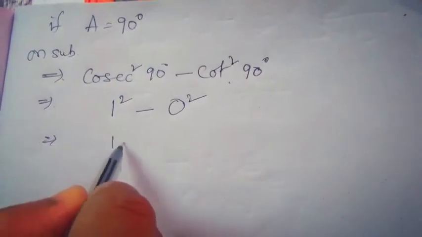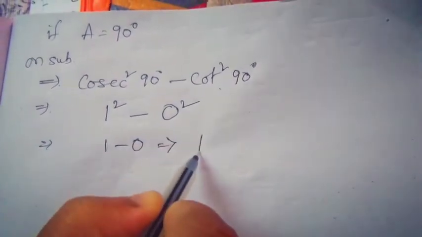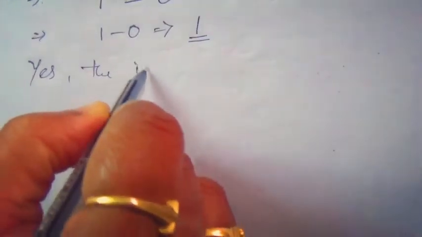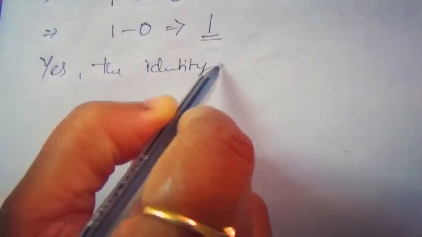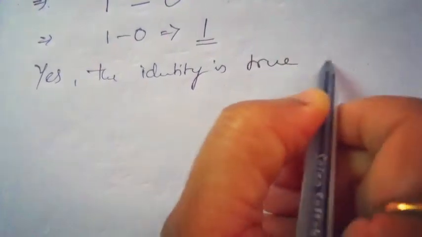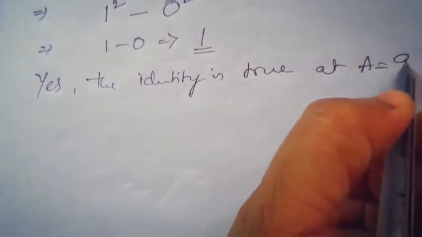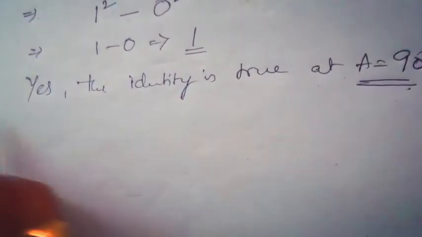That is equal to 1 minus 0, that is equal to 1. So yes, the identity is true at a is equal to 90 degrees. Here we finished the think and discuss. Like this you have to find for which angle the value gives 1.